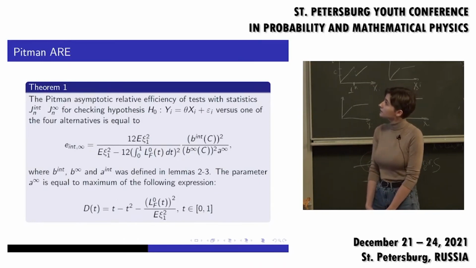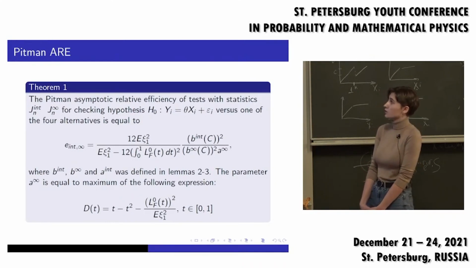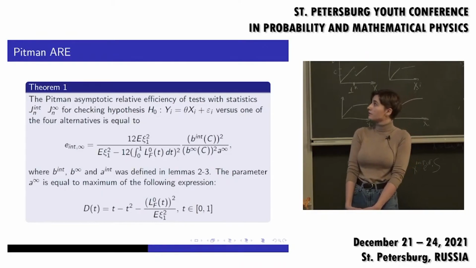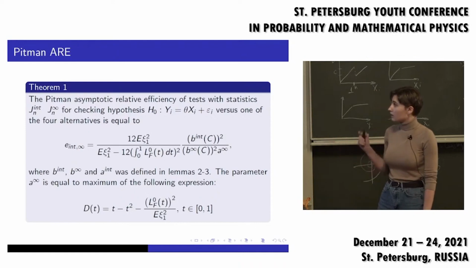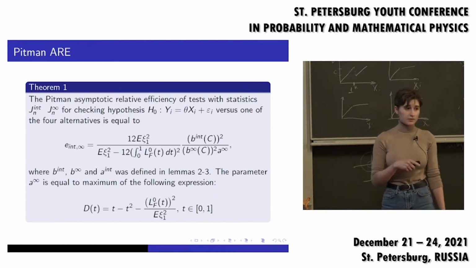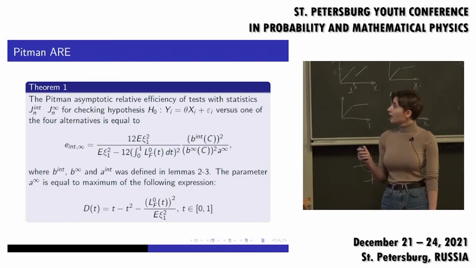The main result of my work is theorem 1: the Pitman asymptotic relative efficiency of the tests with statistics j and int and j and infinity for checking hypothesis h0 versus one of the 4 alternatives is equal to e int infinity, where all coefficients were defined in lemmas 2 and 3, and the parameter a infinity is equal to the maximum of this expression.